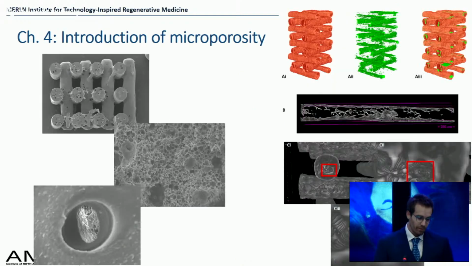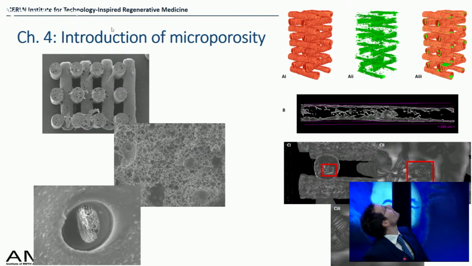As you can see here from electron microscopy, we managed to obtain rough surfaces, but also internal porosity. So here you see rough surfaces, here you see a cross-section of a scaffold, and down here you see a pore.